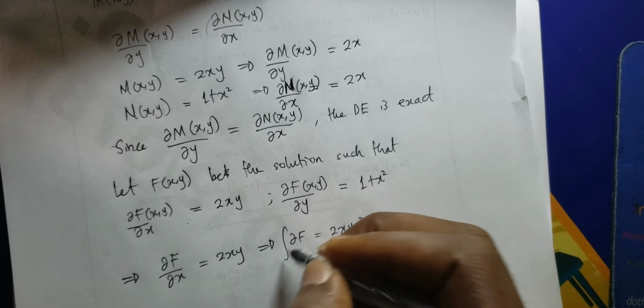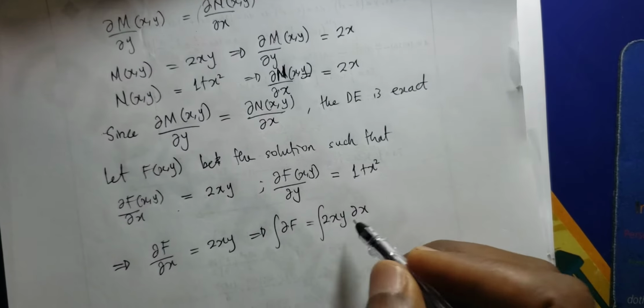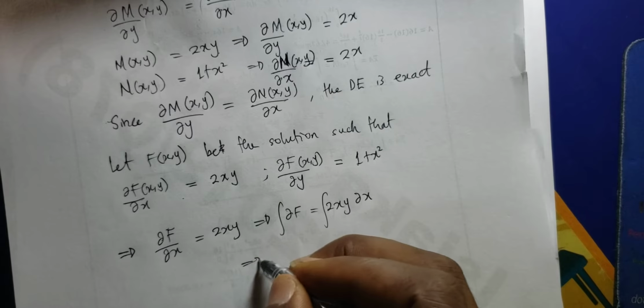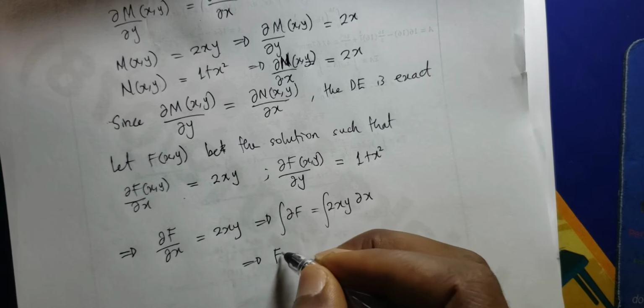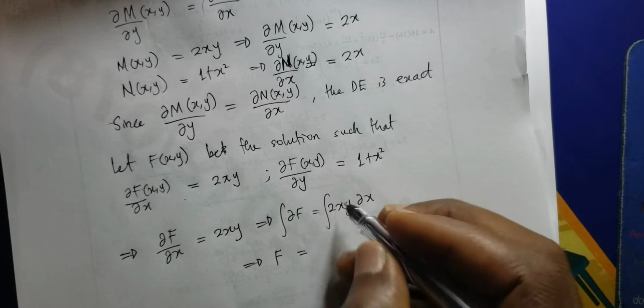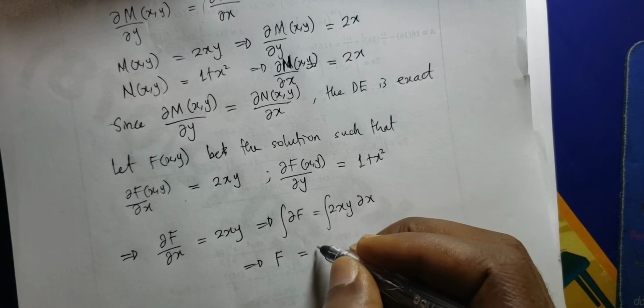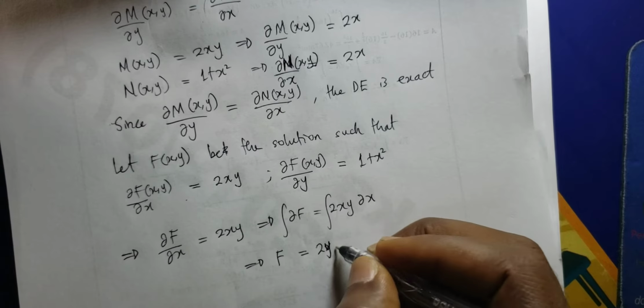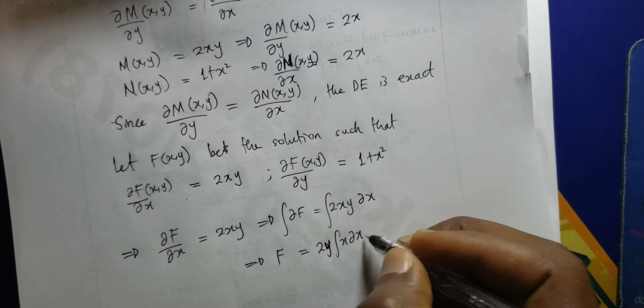Then we can integrate both sides. Don't forget we're integrating with respect to x, keeping y as a constant. So in this case f is equal to 2y, because we are keeping y as a constant, times the integral of x del x.